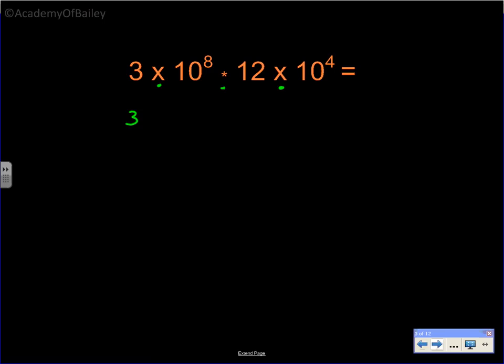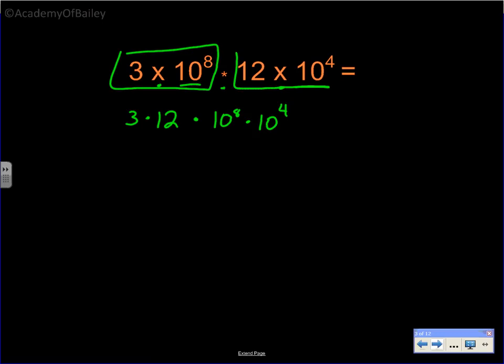So we'll say 3 times, and I'm going to put the 12 next to that, and then times 10 to the 8th, and then times 10 to the 4th. So basically we have 3 times 10 to the 8th times 12 times 10 to the 4th.